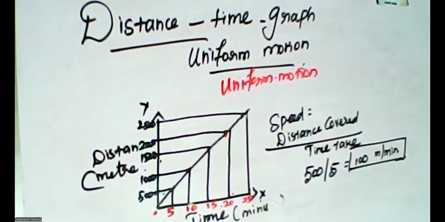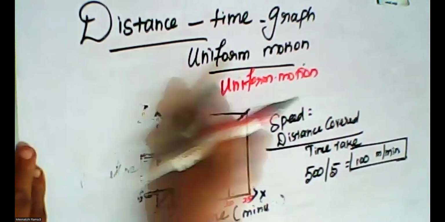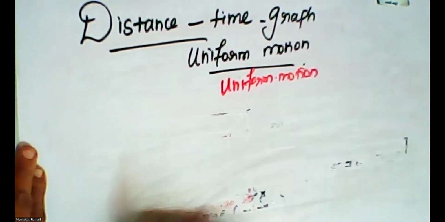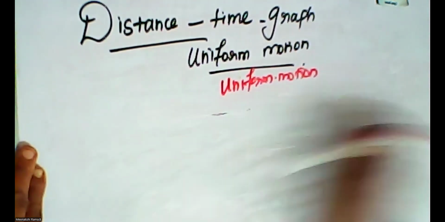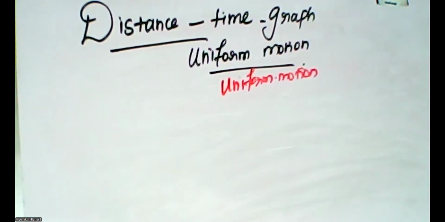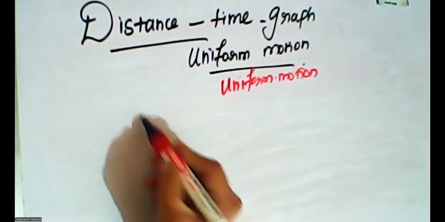So there are different kinds of persons. Some persons are riding in a car, some are cycling, some are walking, and some are using a two-wheeler. So different kinds of vehicles. In that manner, we want to draw a graphical structure. It shows how the speed is maintained and what the graph will look like.